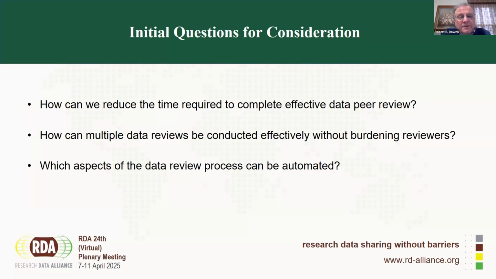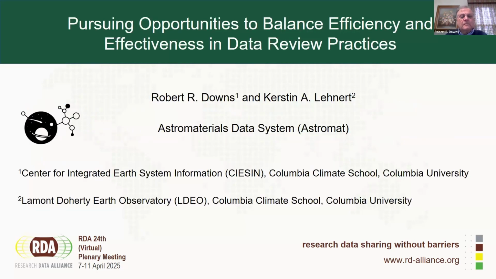Also, how can multiple data reviews be conducted effectively without burdening the reviewers? Remember, these are volunteers. And which aspects of the data review process can be automated? Moving forward, we want to talk about pursuing opportunities for efficient and effective data review practices.